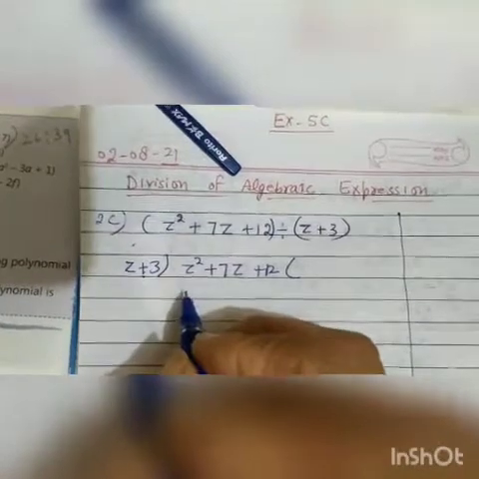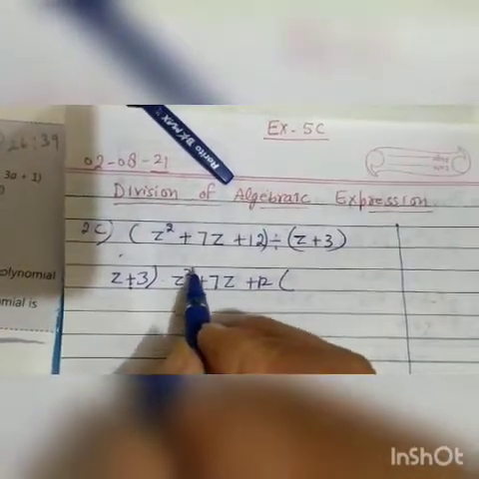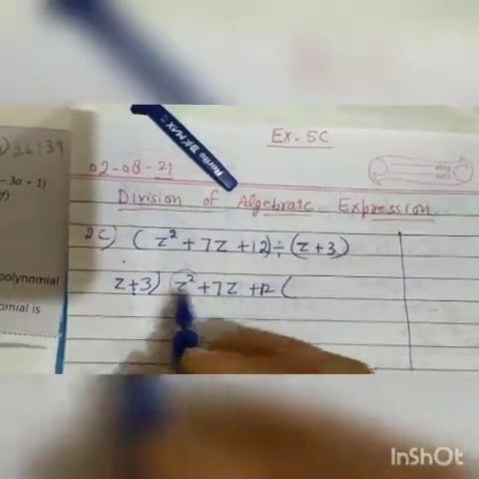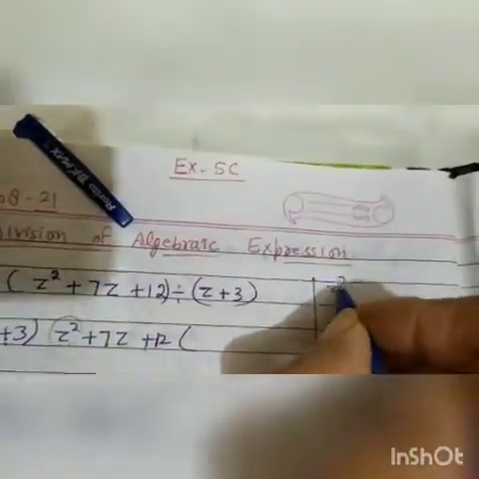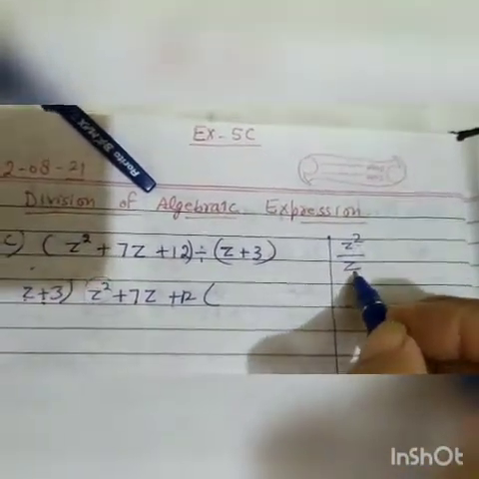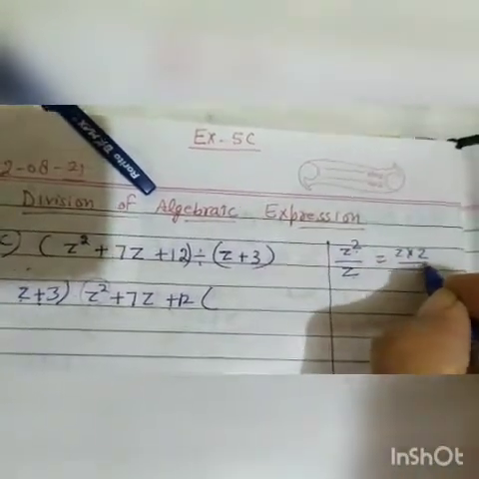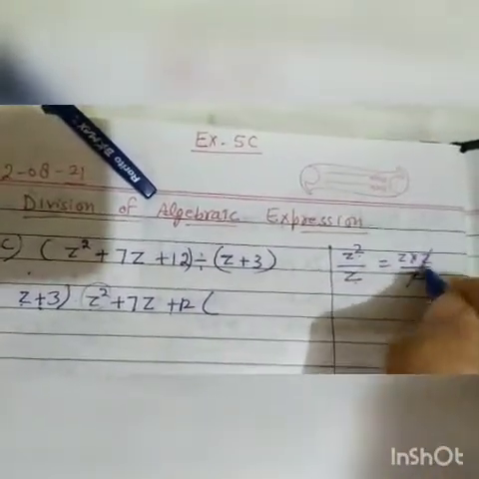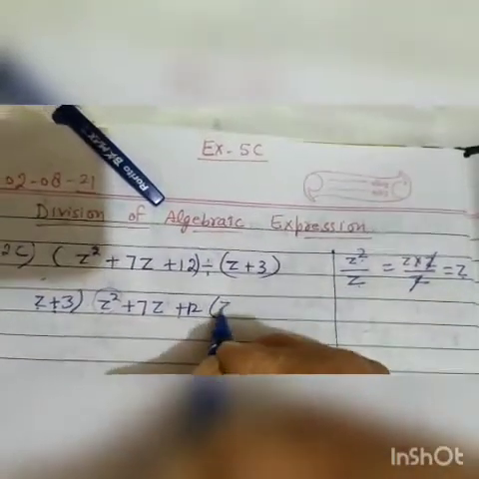So what is the first step? In the first step we will take the first term of this dividend and the first term of this divisor. So z square upon z, we will divide this z square by this z. Z square means z into z upon z. Z cancels, we get z. So we will write this z here.